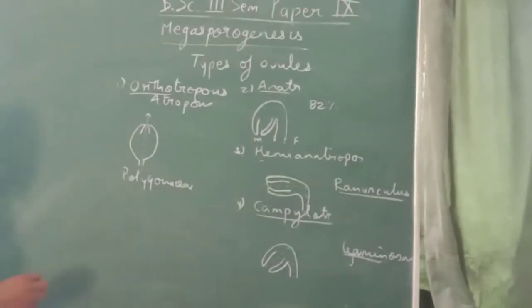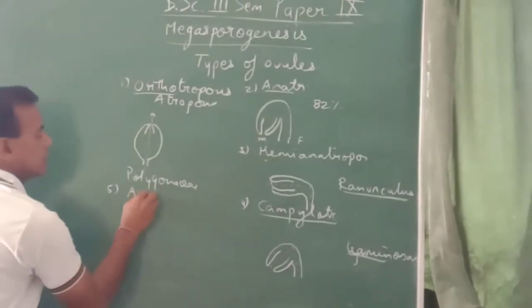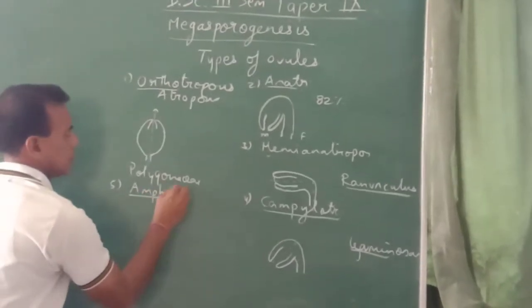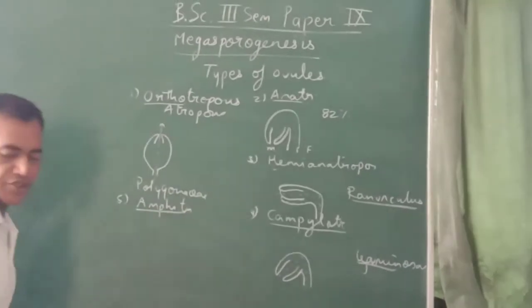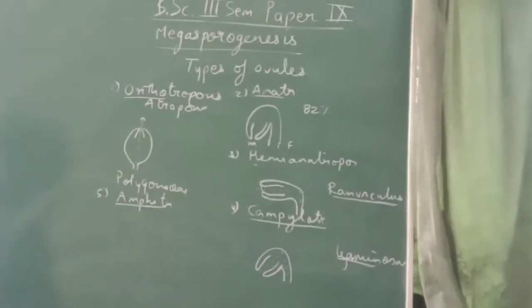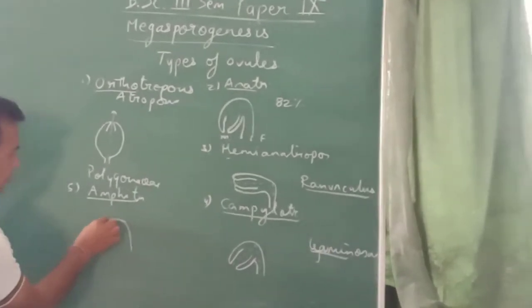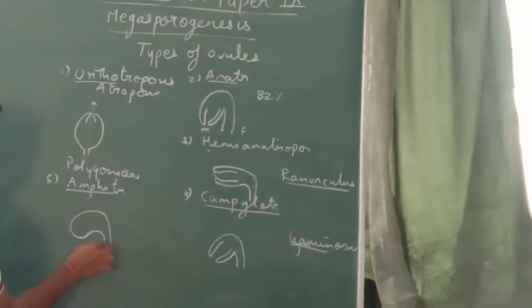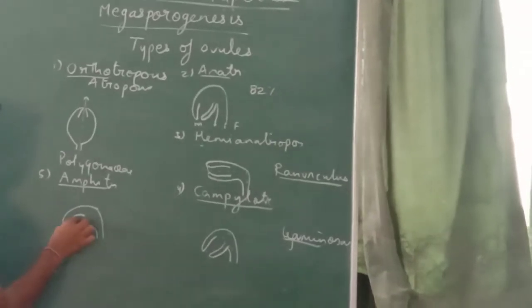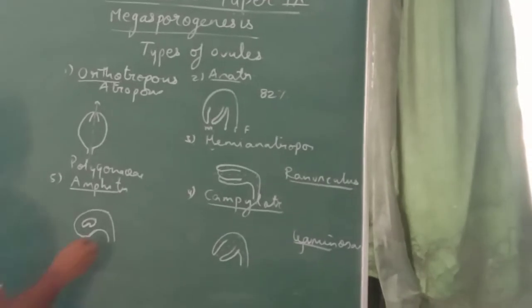Coming to the next category of ovule attachment, it is amphitropous, in which the ovule is more curved and the embryo sac gets even more curved, and it is common in the family Alismaceae.